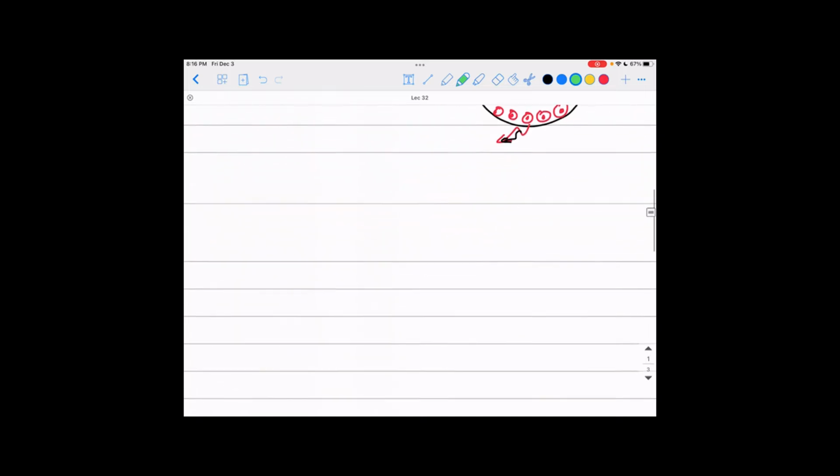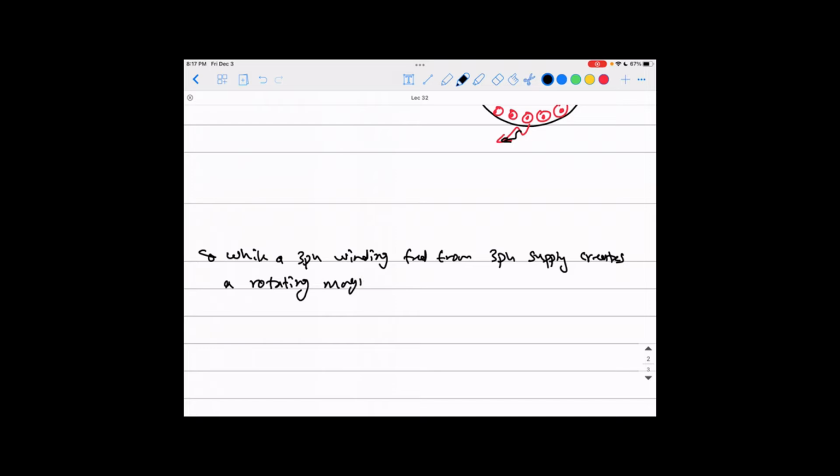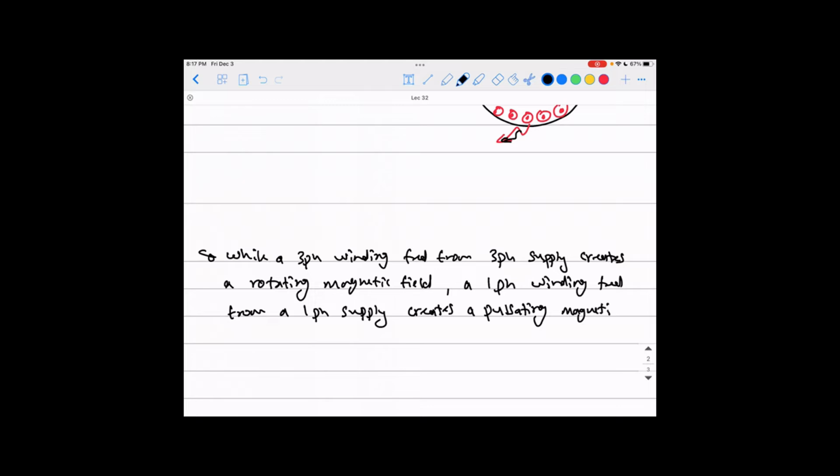The whole point is, while a three-phase winding fed from a three-phase supply creates a rotating magnetic field, a single phase winding fed from a single phase supply creates a pulsating magnetic field.